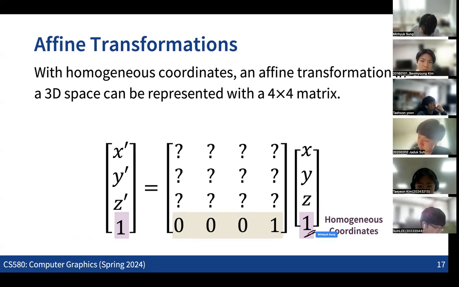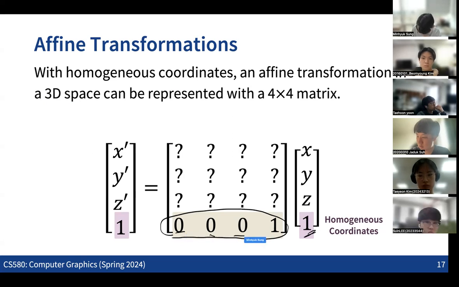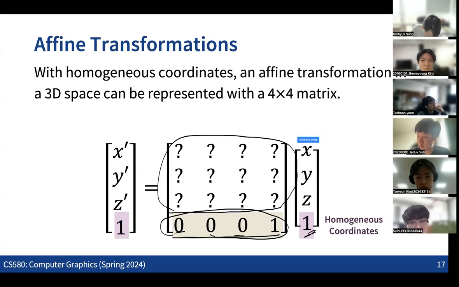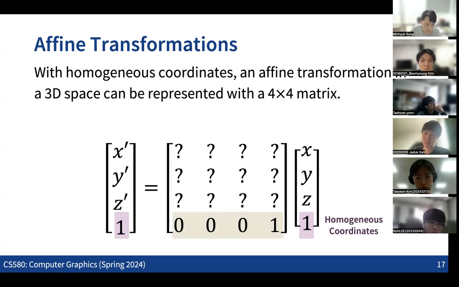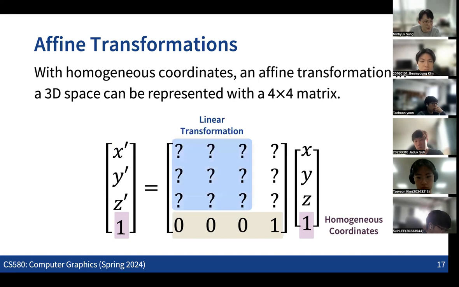Then now all the affine transformations can be represented with the 4 by 4 matrix while having the last row be 0, 0, 0, 1, right? So when you have these 12 numbers, we can represent any affine transformation, and the transformations that can be represented with the first 3 by 3 matrix here are also called the linear transformation.